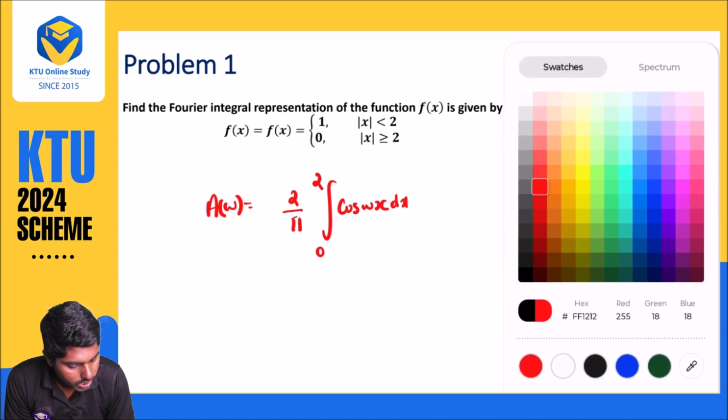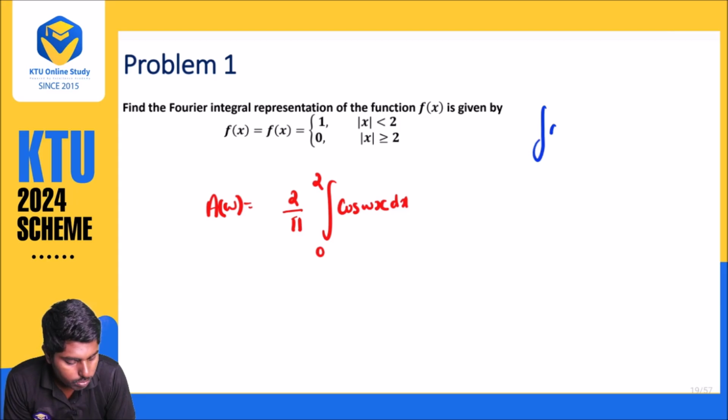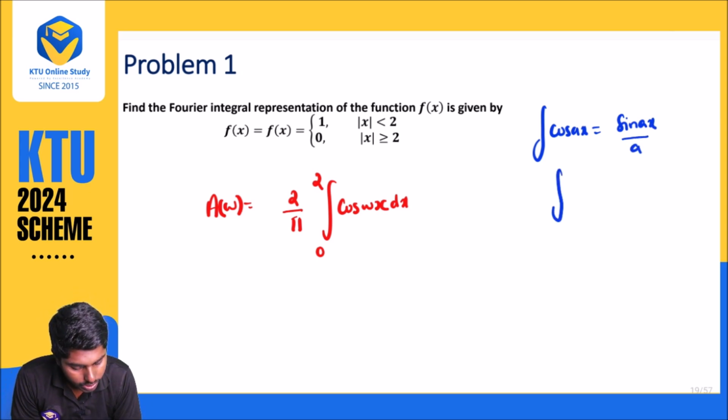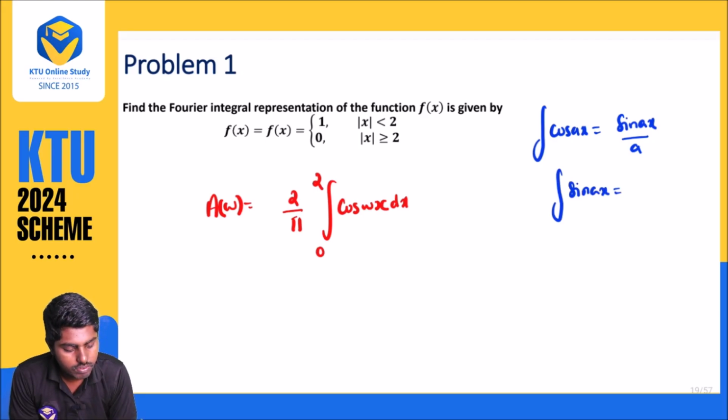So what is the integration formula? Integration of cos ax dx is nothing but sin ax divided by a. You want to be very careful. Similarly, integration of sin ax dx is nothing but minus cos ax divided by a.